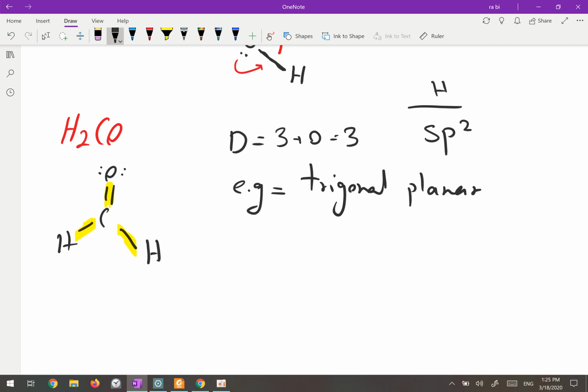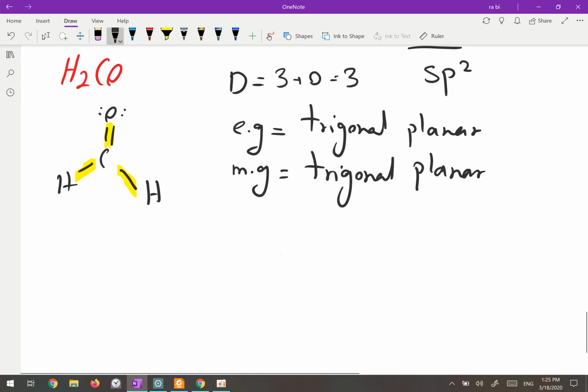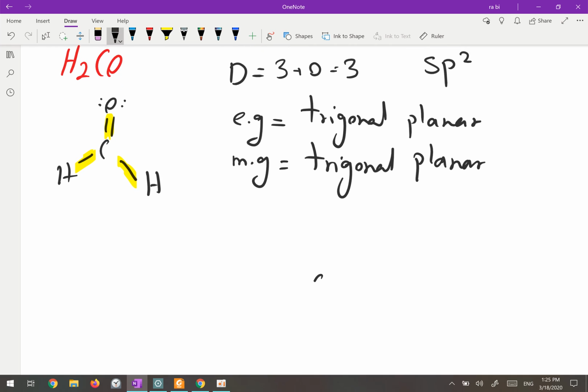Because we don't have any lone pair on the central atom, the molecular geometry also is trigonal planar. And how do we draw trigonal planar? I have the central atom, one domain at the top, one domain here, one domain here. So it's like the Mercedes-Benz logo.